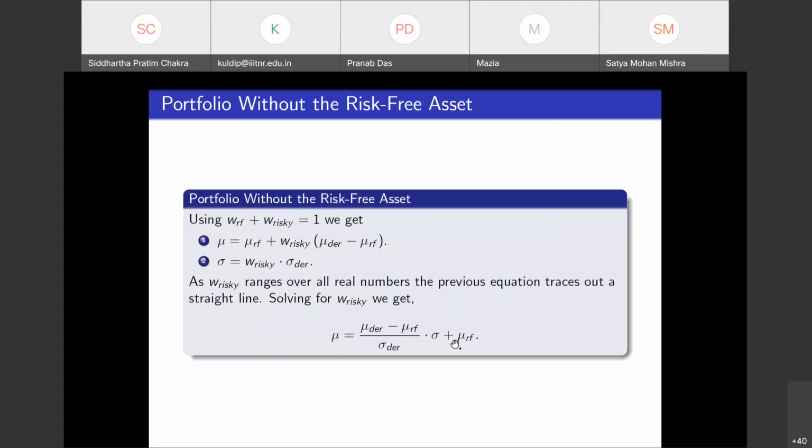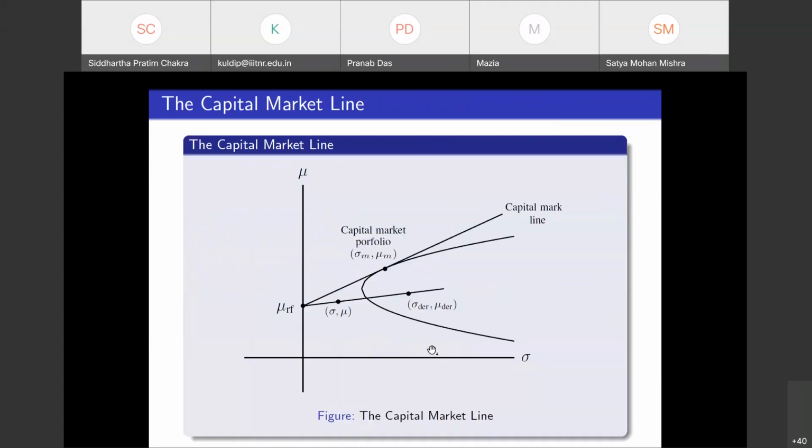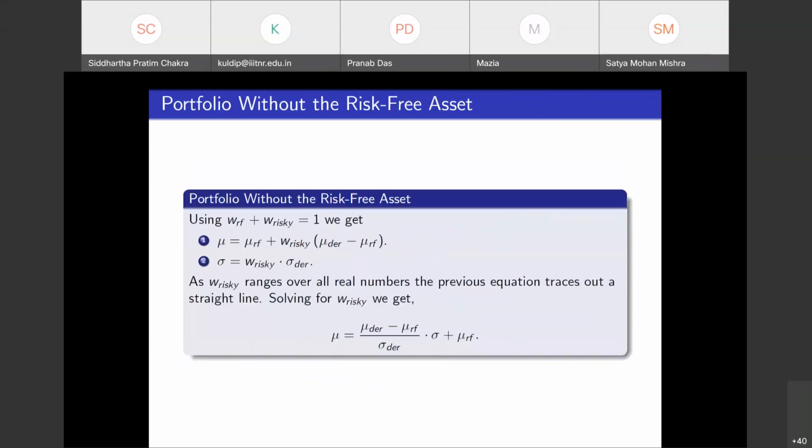Remember that mu minus mu RF over sigma is mu dir minus mu RF over sigma dir. So both of them have the same slope. Every pair mu dir and sigma dir was derived from mu and sigma, so they are linked to each other and have the same slope.